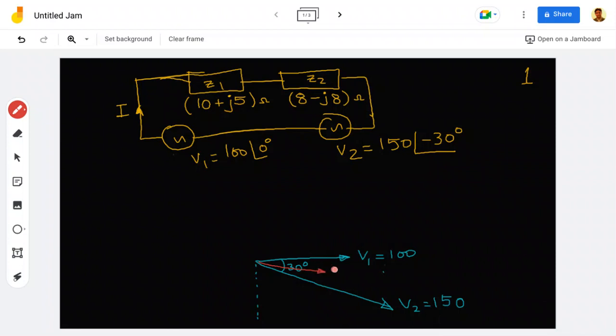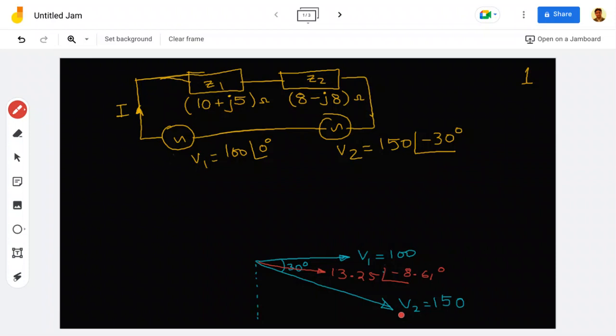So this is 13.25 at an angle of minus 8.61 degrees. Okay. So everybody is fine with this? This can be resolved into horizontal component, vertical component, and already you know those things.